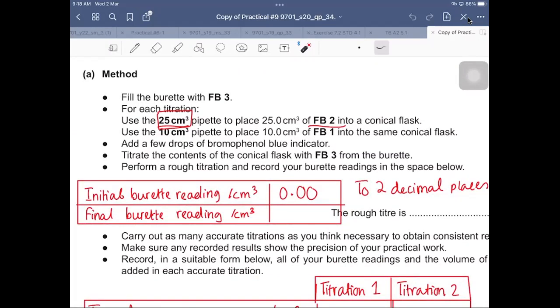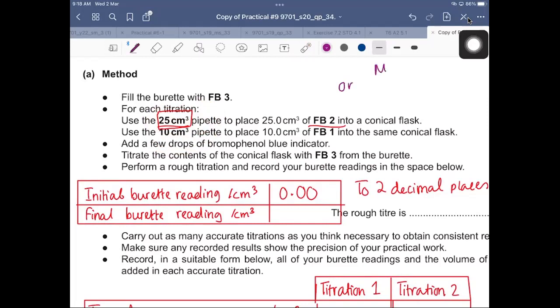In the question, they want to mix 250 and 10 cm³ initially, before you start titration. And then for each titration, you will only take 35 cm³. Get what I mean?